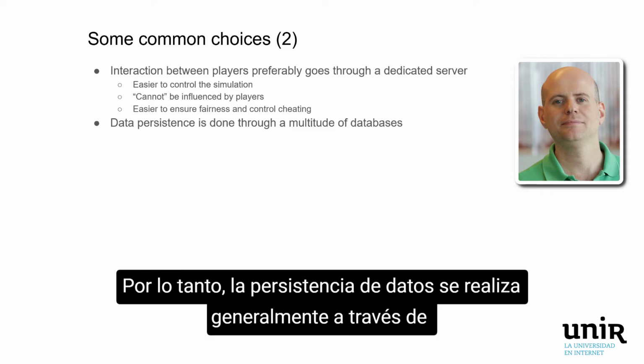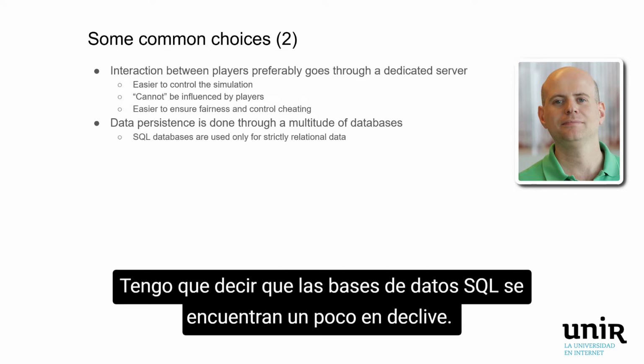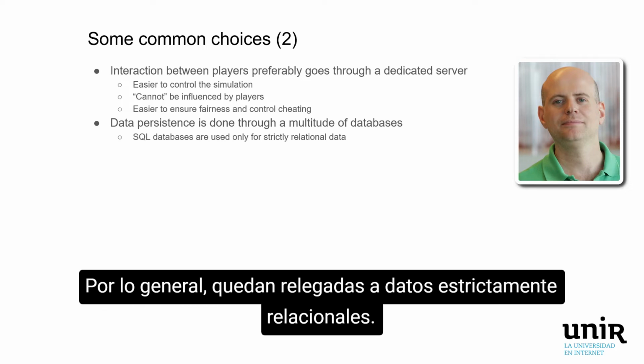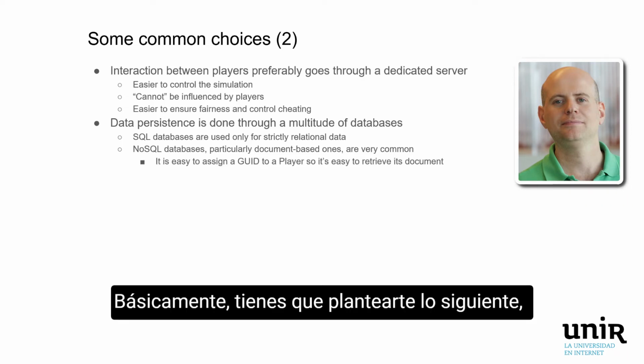So data persistence is usually done through a lot of different databases. SQL databases, I have to say, are a little bit in decline. They are usually relegated to truly relational data, but anything that can be indexed usually goes in document databases like Mongo, for example. Basically, you need to think about this.